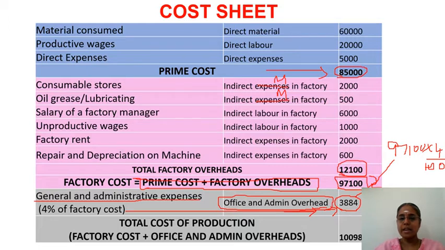Adding your factory cost along with your general and administrative expenses, you get your total cost of production, which is 1,01,000 approximately.